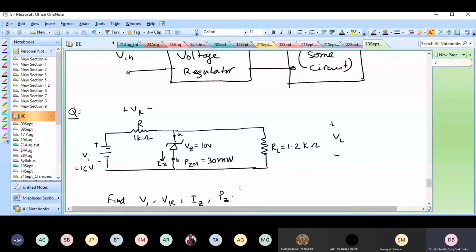Here, the entire reason we couldn't drive the Zener diode into the Zener potential region, and so didn't get that 10 volts, was because our load was not large enough. If you look at this R, it's 1 kilo ohm. This RL is 1.2 kilo ohms. They are comparatively the same. They're very comparable values, which means I don't get enough voltage drop across RL.